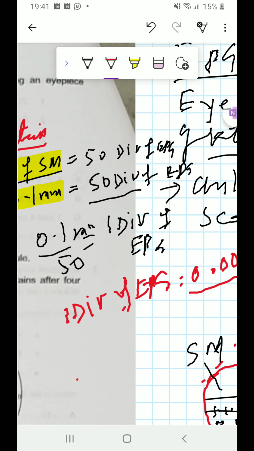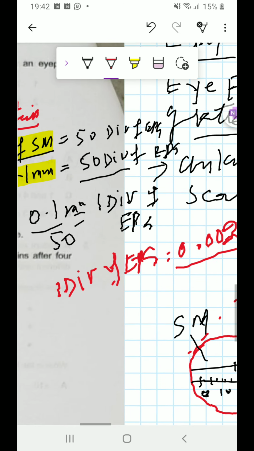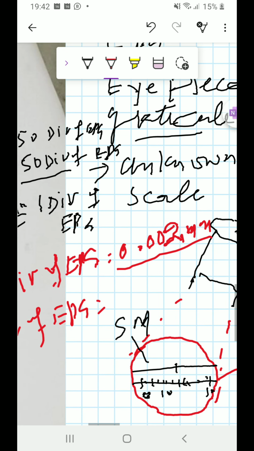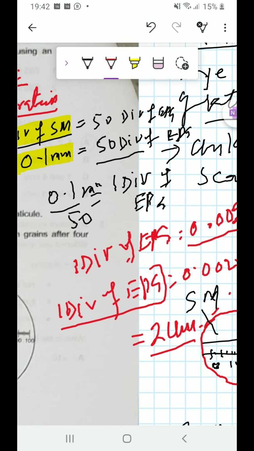We can do it here or later. Let us do it here. One division of EPG in micrometers will be 0.002 multiplied by 1000, which gives us 2 micrometers. So one division of EPG is equal to 2 micrometers.